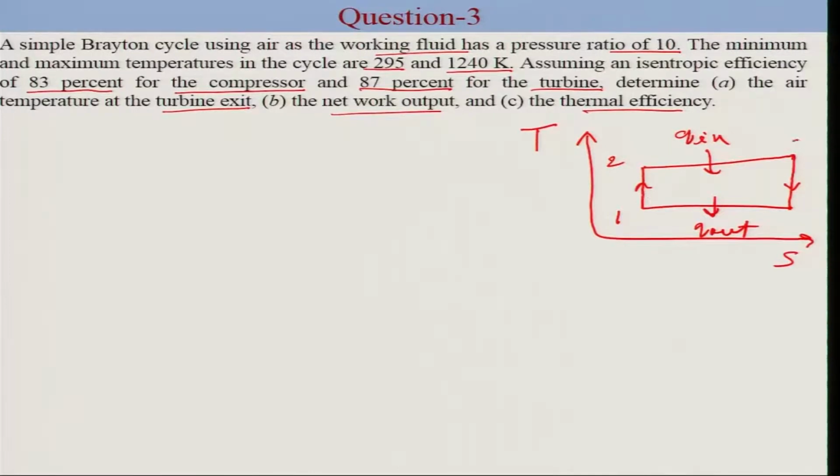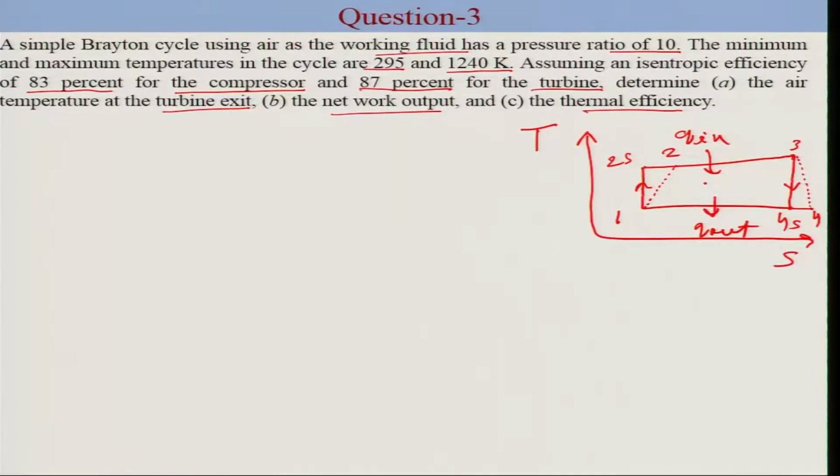So, 1, 2, 3 and this process will be 4S. Since this is an ideal process, it is 1 to 2s, but the actual process will follow the path 1 to 2, and same here in the turbine as well, it will follow the path 3 to 4 because of irreversibility of the system.